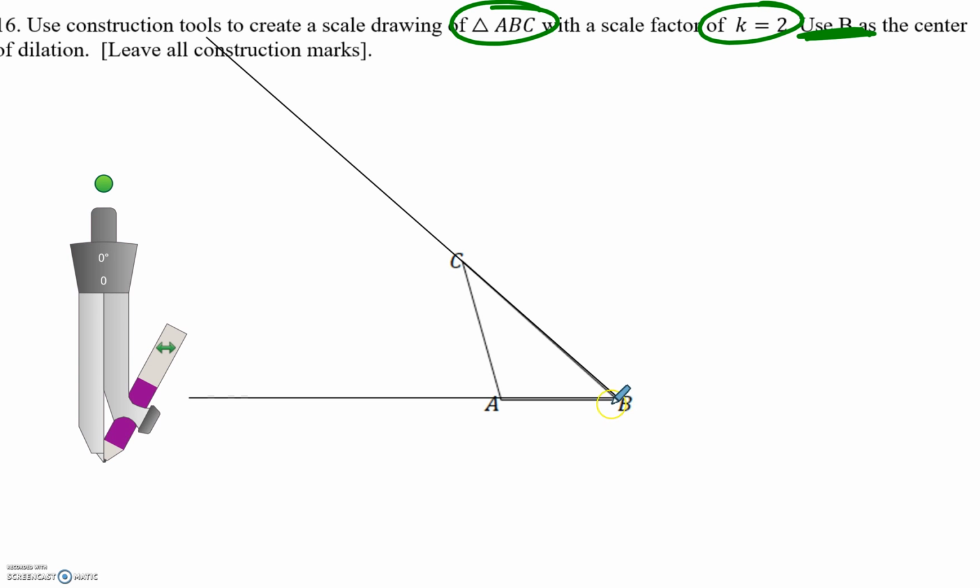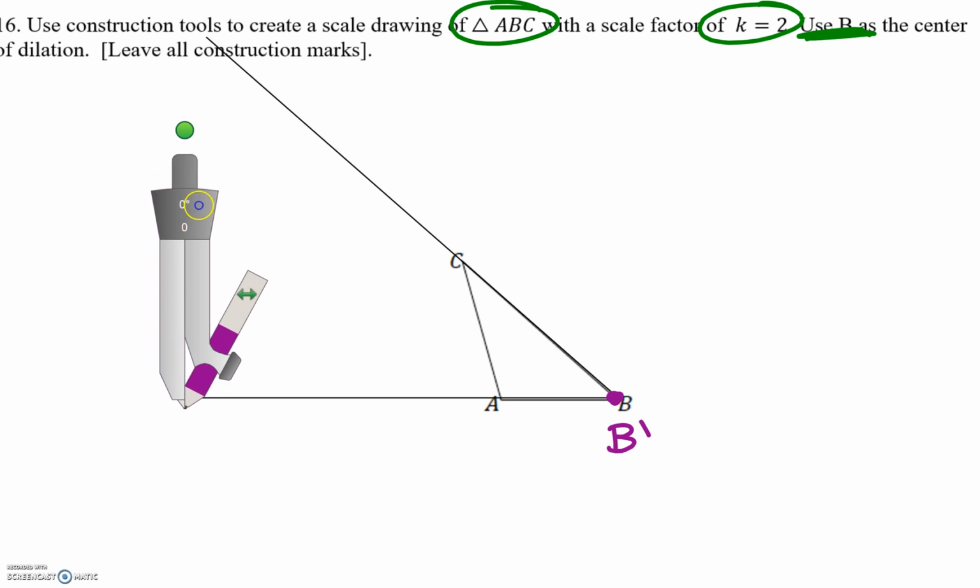Now we're going to go back, and since B is the center of dilation, we're not moving that. I'm just going to draw a dot and call that B prime. All right, let's see how well this compass works.